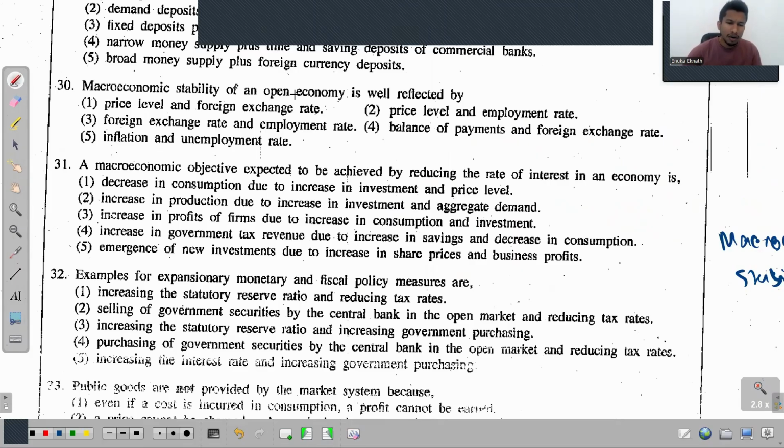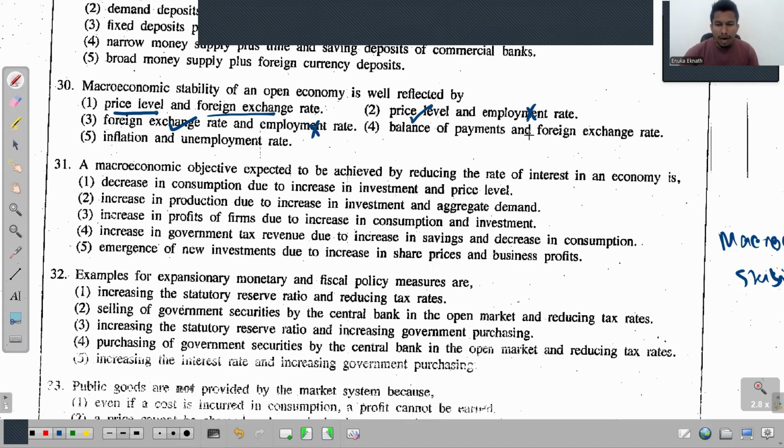Macroeconomic stability of an open economy is well reflected by price level and foreign exchange rate is correct, right? So that is correct. But the second one, price level and employment rate, no. From the price level, of course, we can evaluate the internal stability, but we don't use the employment rate to evaluate that. Foreign exchange rate, yes, we use it to evaluate the external stability, but not the employment rate.